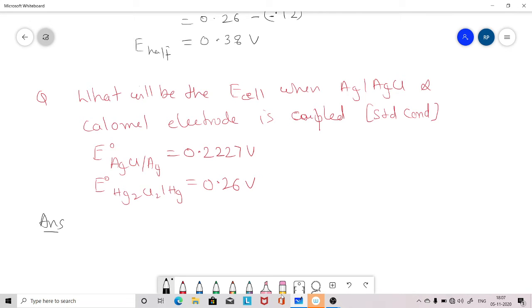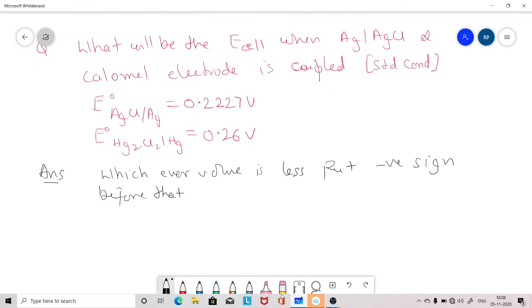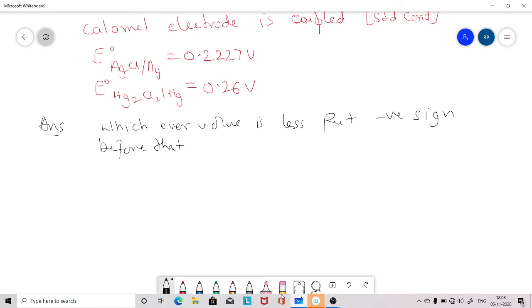Whichever value is less, you have to put a negative sign before that. Which value is less?